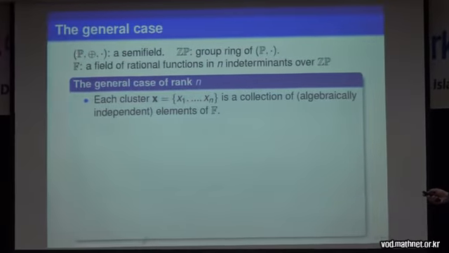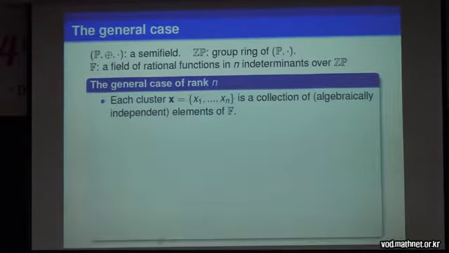For this multiplication, it forms a group, then you can get the group ring. Here, F is just the field of rational functions in n indeterminates over this group ring.